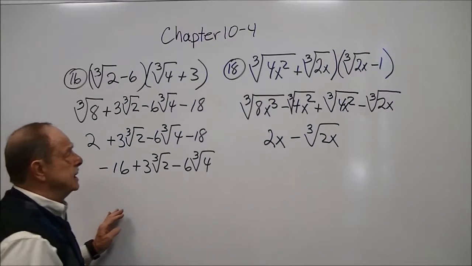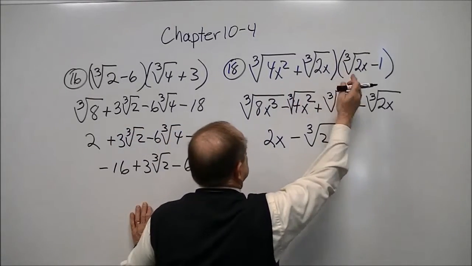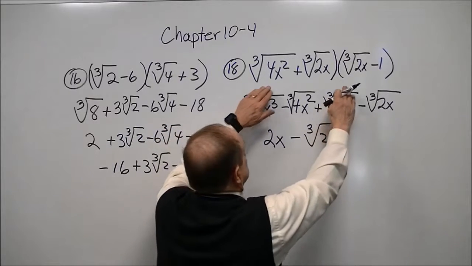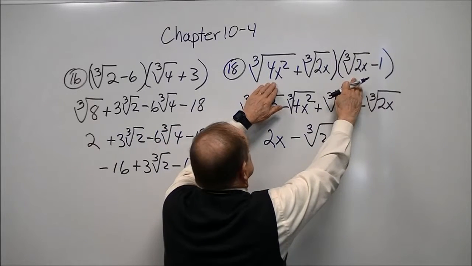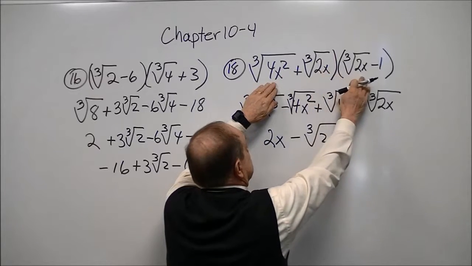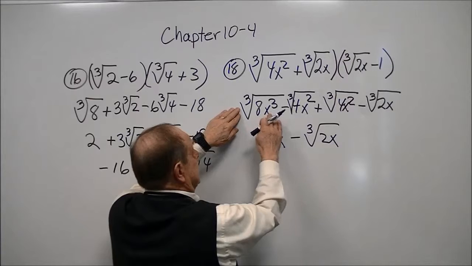In number 18, again, it's a binomial by a binomial. You're going to FOIL. So your first gives you 2 times 4 is 8, x to the second, x to the third. So 8x to the third.